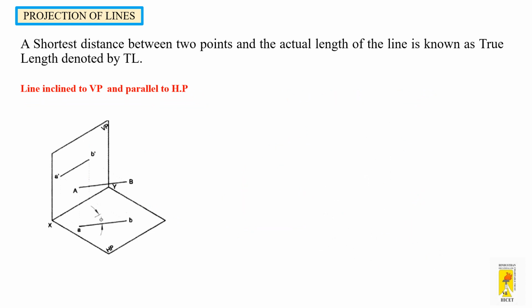This slide shows you the line which is positioned inclined to VP and parallel to HP. And you all can see that this line AB is inclined to VP and parallel to HP.